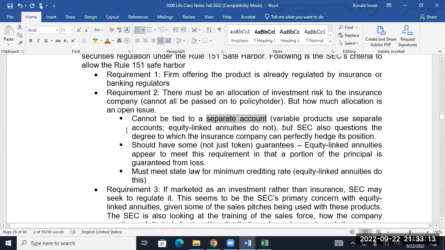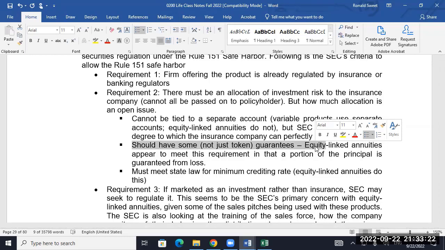So the second thing to ask is, does this product have any guarantees? Like if you die early, we give you all your premiums back. Equity annuities do have those types of guarantees that you would not see in an investment product from Fidelity or someone.